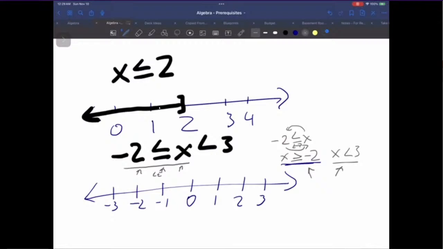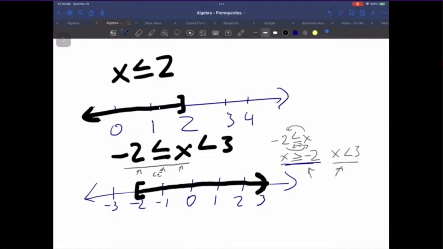What that denotes on the graph is that all real numbers between -2 and 3, make this fat, are part of this inequality, are part of x, and the less than or equal to symbol means that this side is a bracket, and the less than symbol means that this side is a parenthesis.